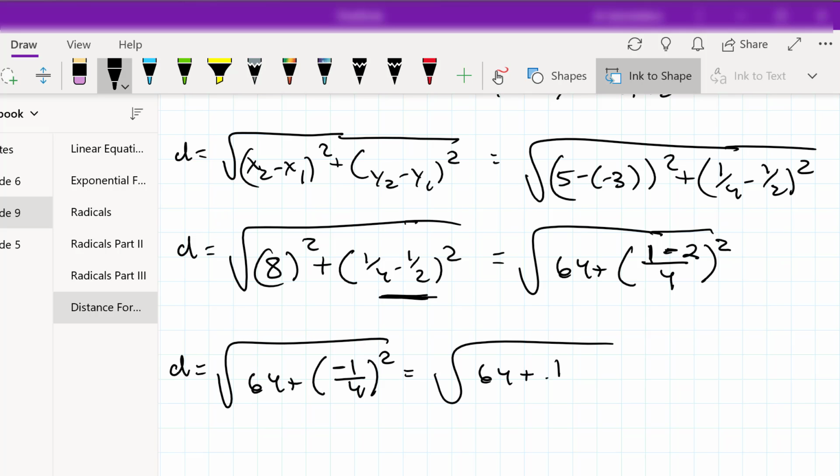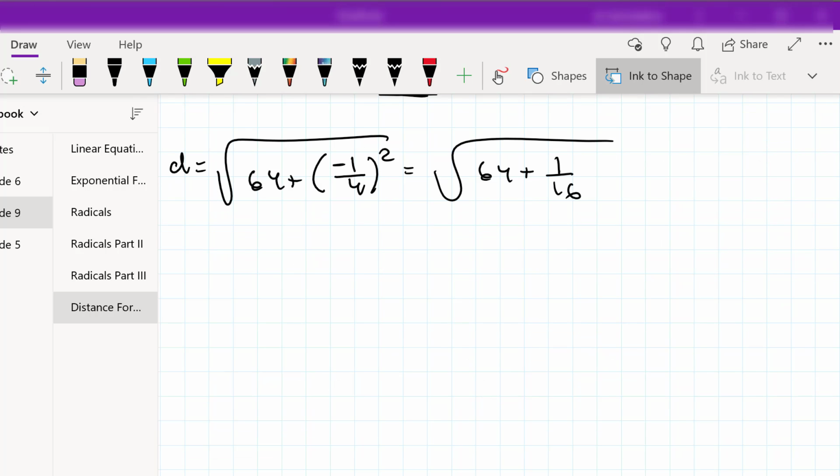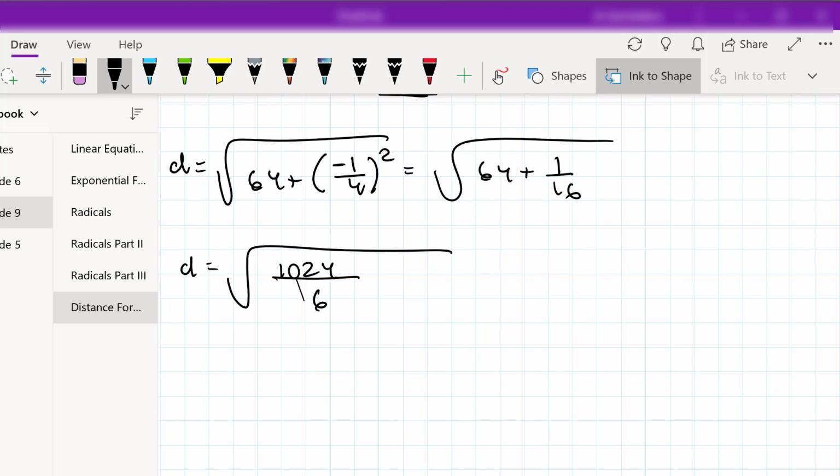So we have 64 plus 1 over 16. We can get a common denominator of 16, and note that 64 times 16 is 1024 plus 1. So we have d equals 1025 all over 16.